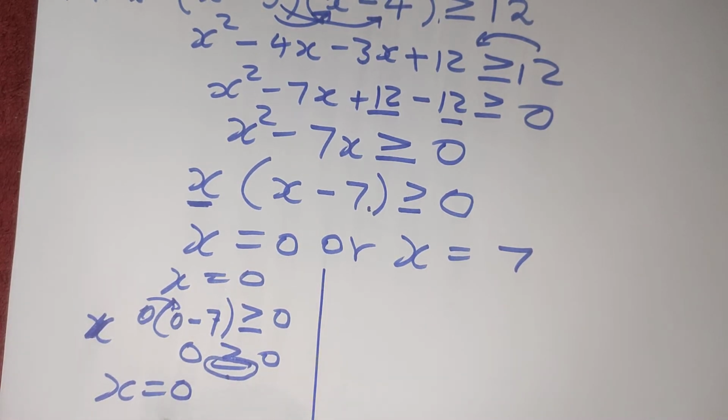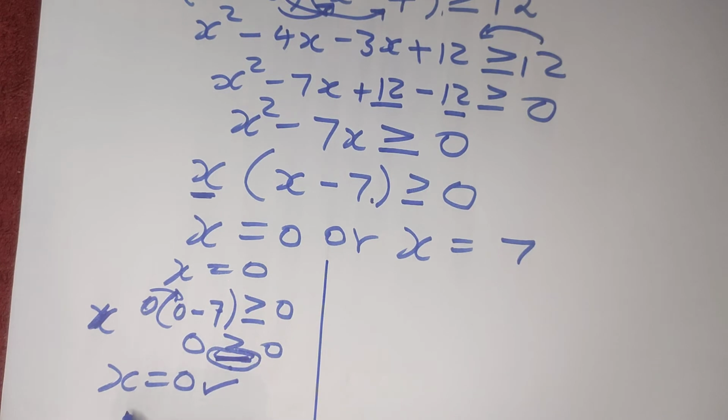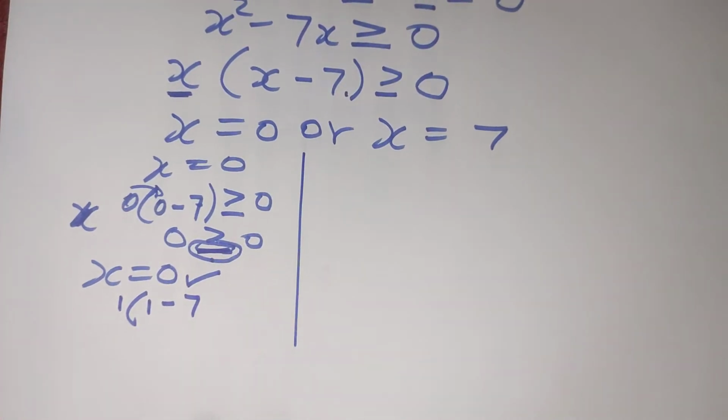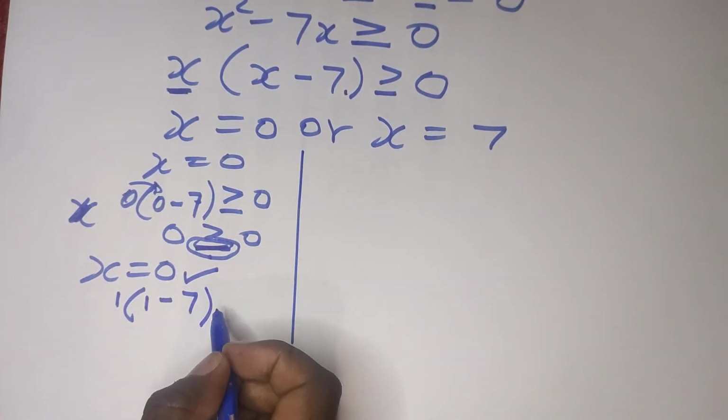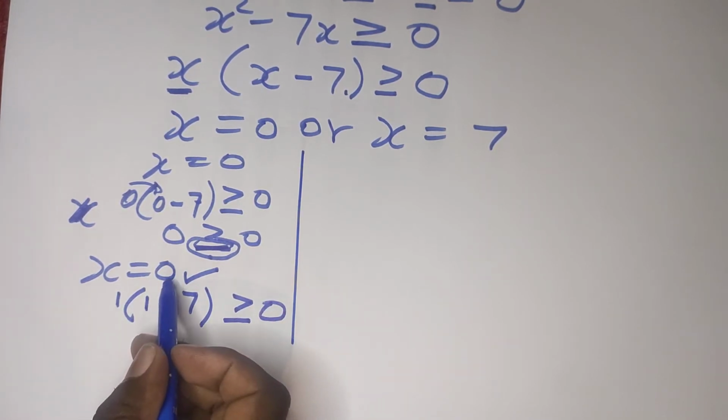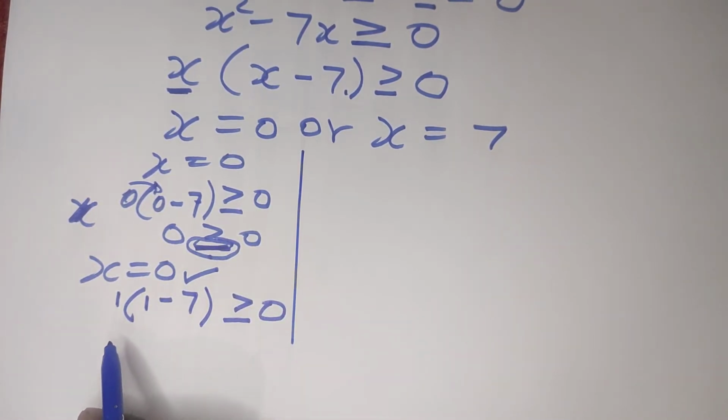Right, so let's have a look at the other values. Let's look at the values that are greater than 0. Let's try 1. 1 into 1 minus 7 is minus 7. Let's check whether the values greater than 1 satisfy the equation.